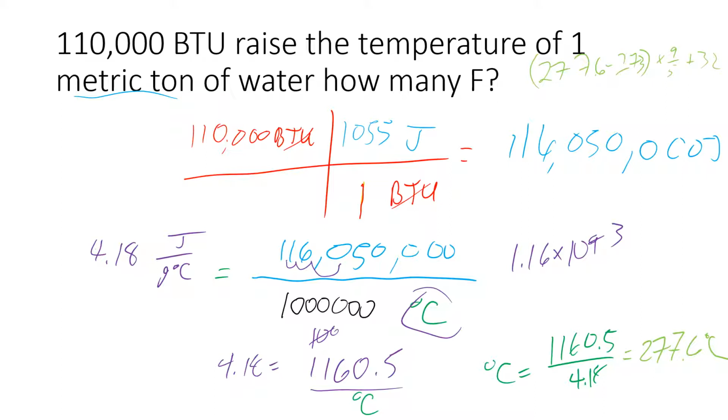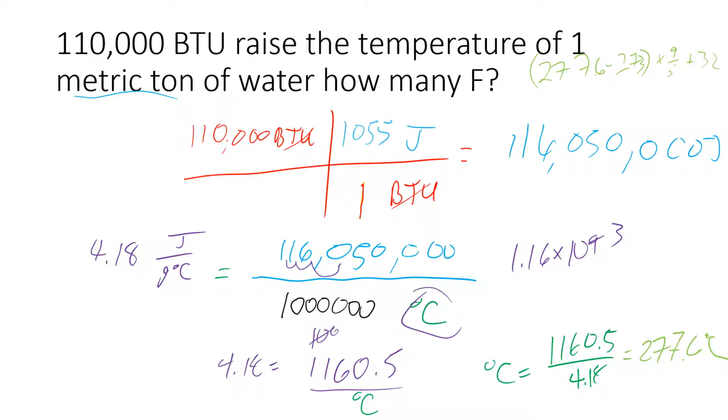So if our Kelvin is 277.6, our Fahrenheit becomes 40. Wait, that's not true. See, since this is a change, the reason this is causing me so much trouble is it's the change.